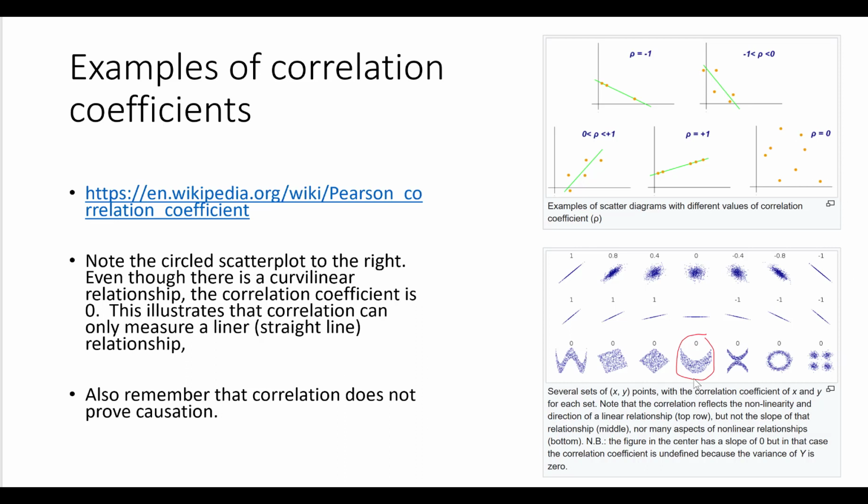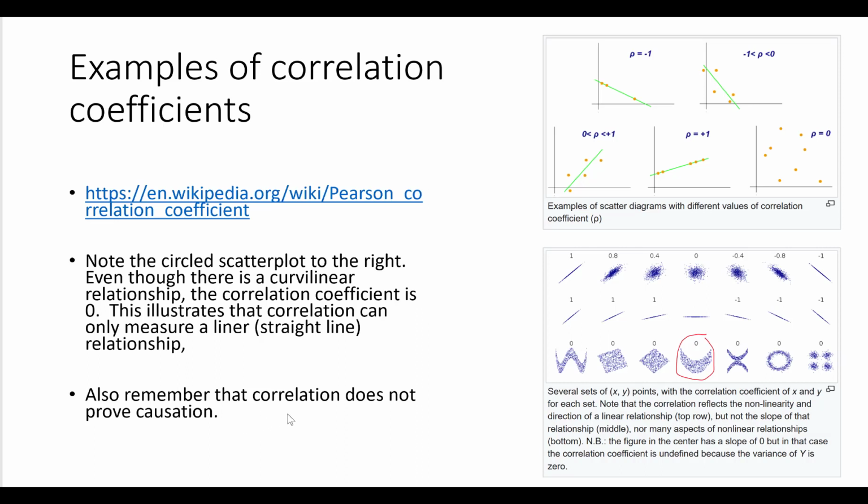Also, remember that correlation coefficients do not measure any relationship, only a linear relationship. So in this circled scatter plot, my data could look like this, sort of U-shaped, but the correlation coefficient would come out to 0 or something close to it. So we would have to find another way to measure and represent this relationship.